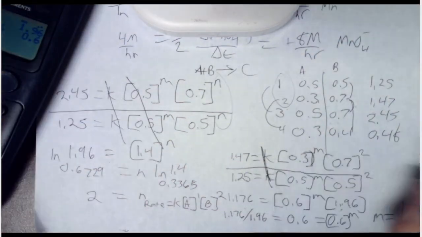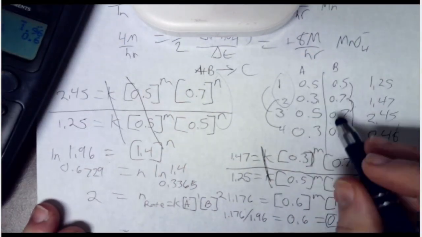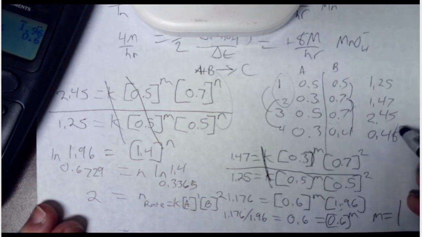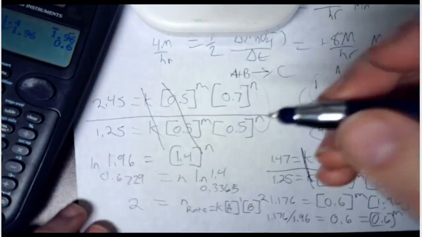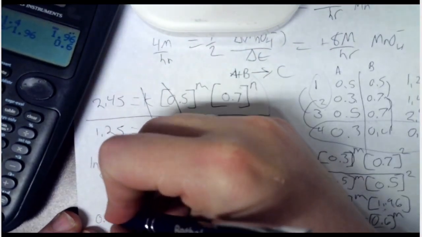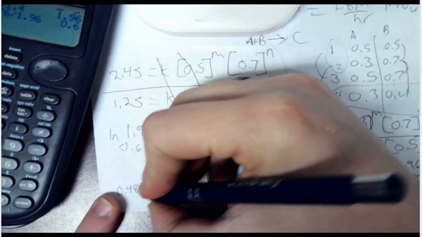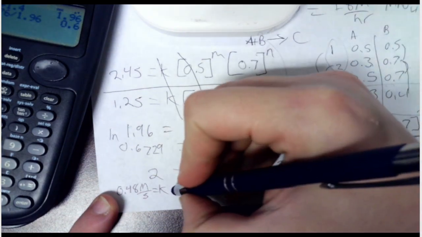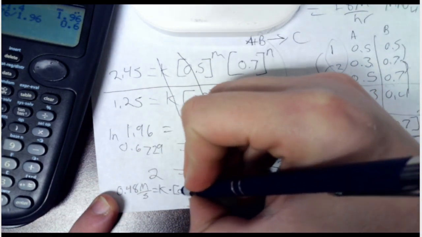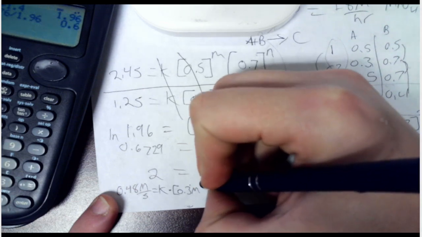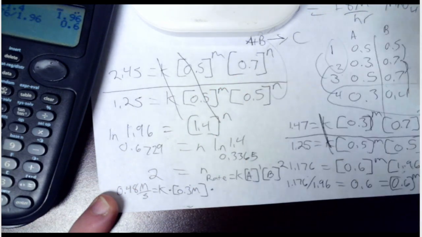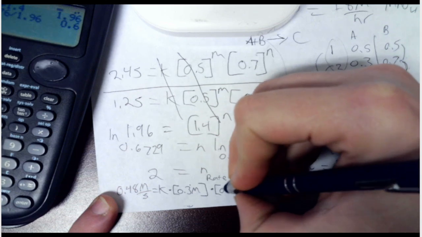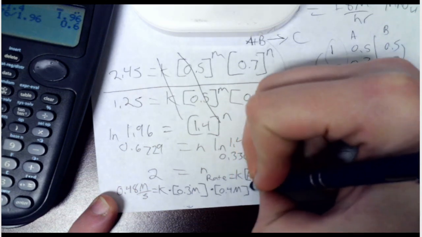Now, we are going to plug one of our values in. We'll plug in equation 4 just for giggles. Our rate 0.48 M per s equals k times 0.3 M times 0.4 M squared.